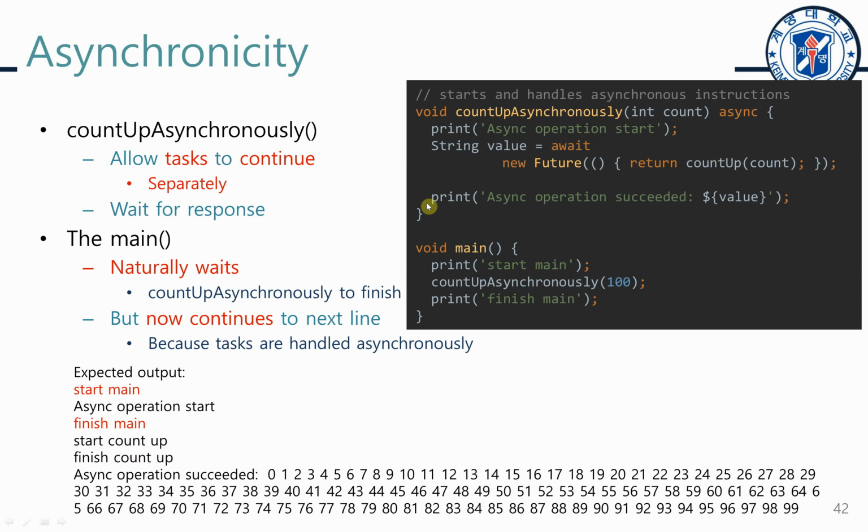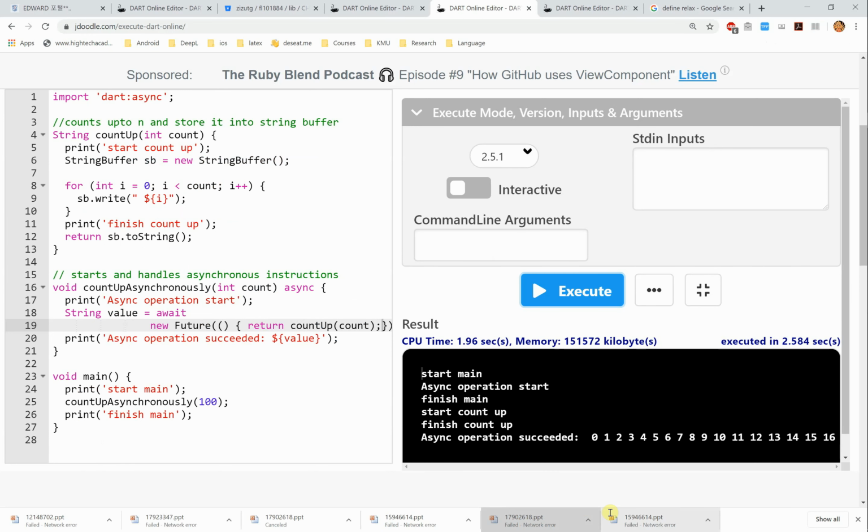We print async operation succeeded, and then we print this value, the value that is returned from count up and stored in this value variable. So this is the string that is returned from the count up method.